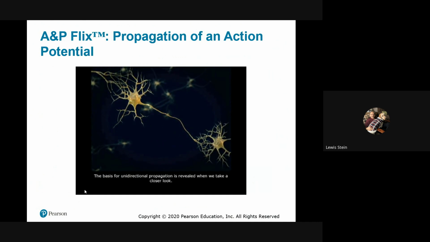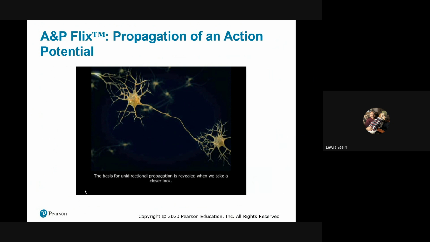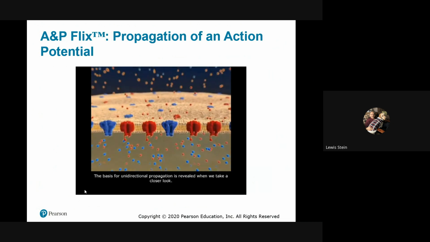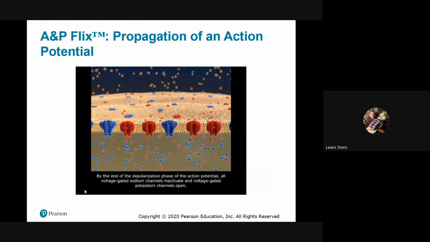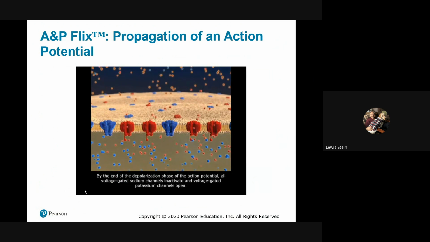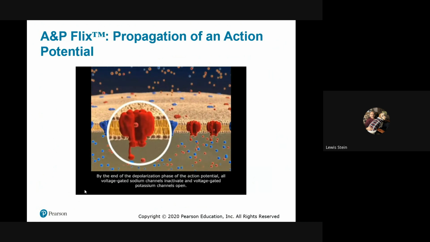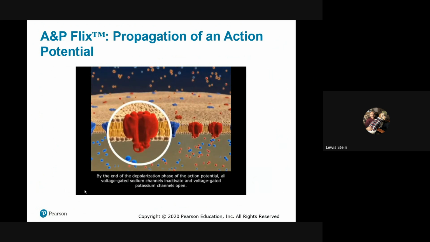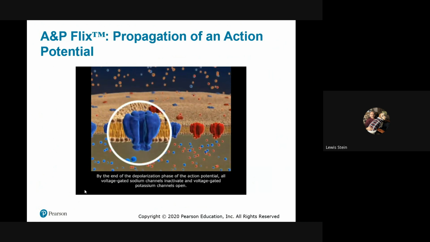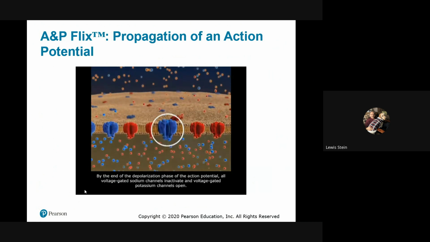The basis for unidirectional propagation is revealed when we take a closer look. By the end of the depolarization phase of the action potential, all voltage-gated sodium channels inactivate and voltage-gated potassium channels open.